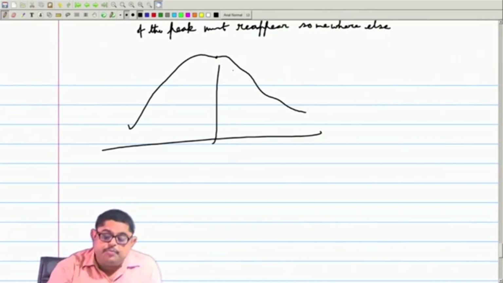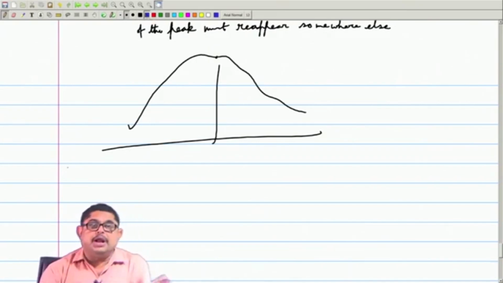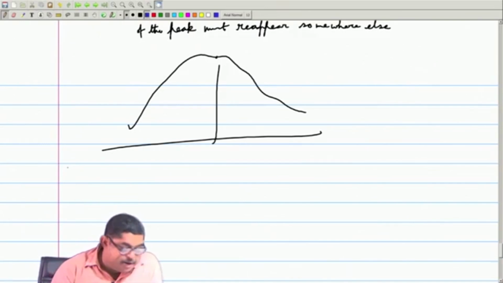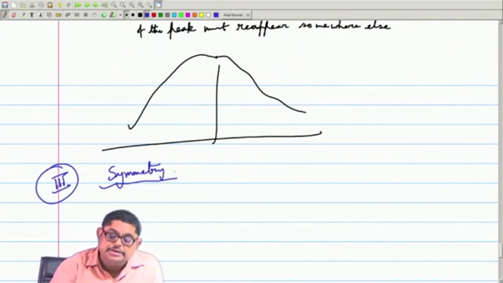Now, there are two more properties. The next two properties are for both normalized or unnormalized signal energy, but they are very important. The third property is the symmetry property.